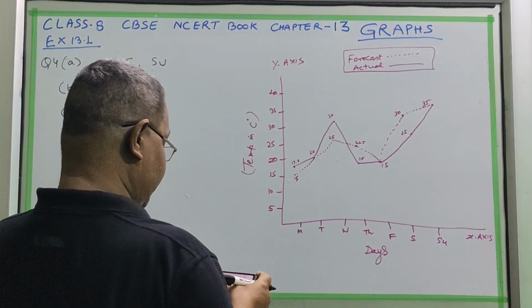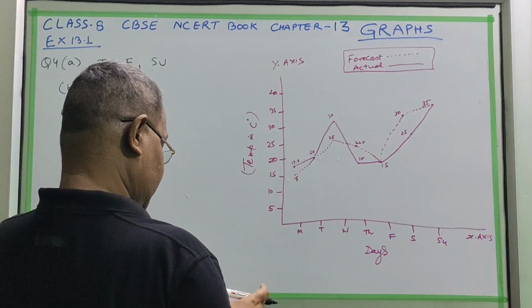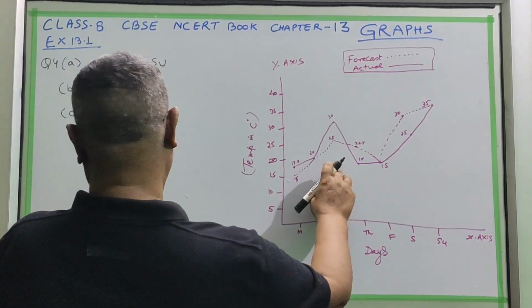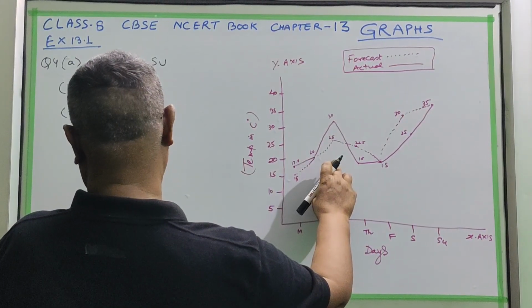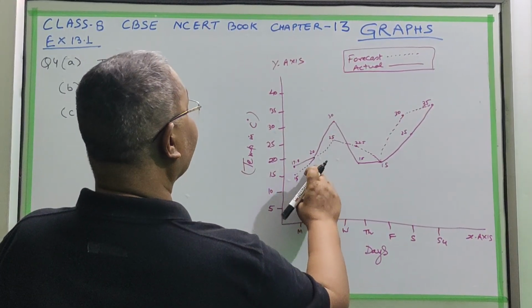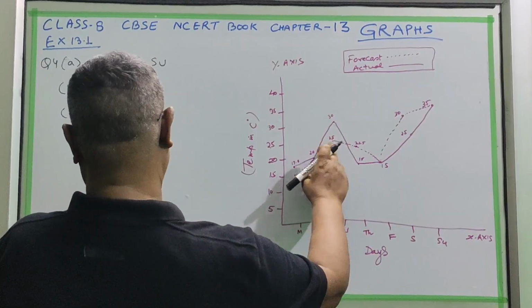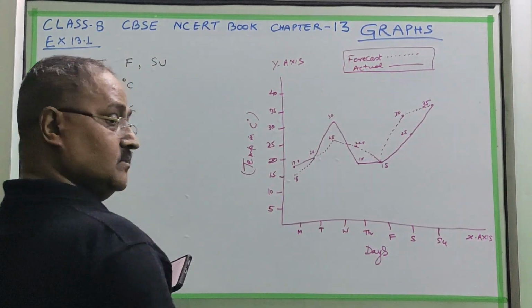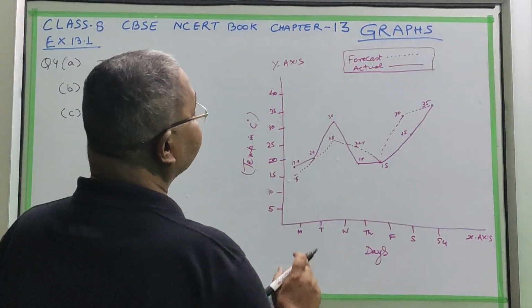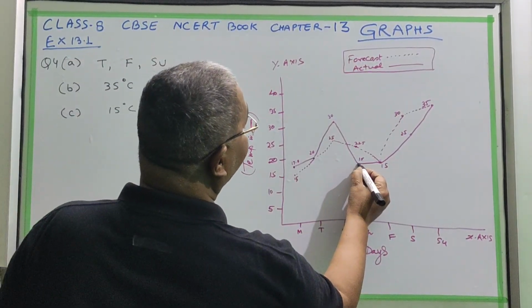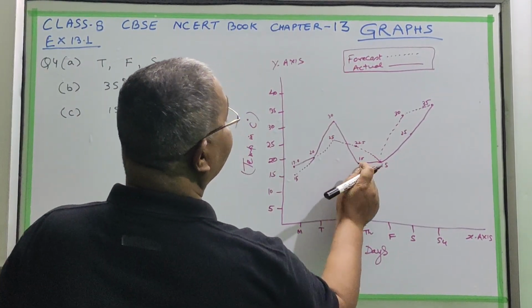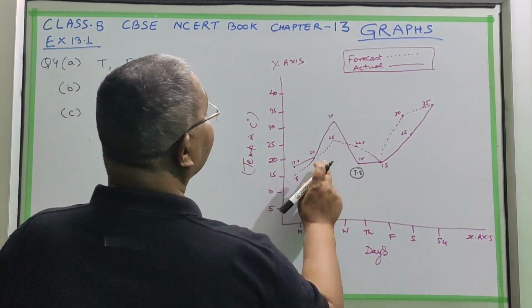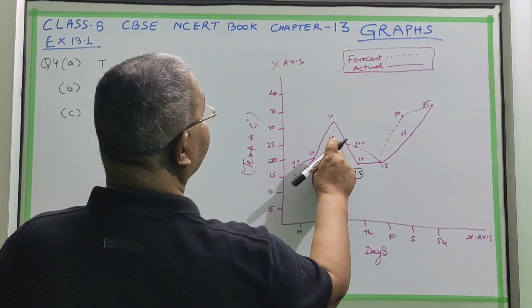So maximum, you see, here 15 and 25. So the maximum difference you will find here. One point is here and one point is here. Means the difference is 7.5 here. At other places the difference is only 5.